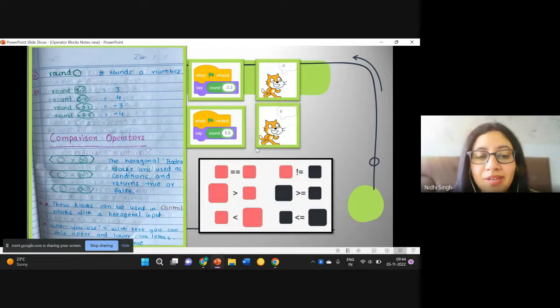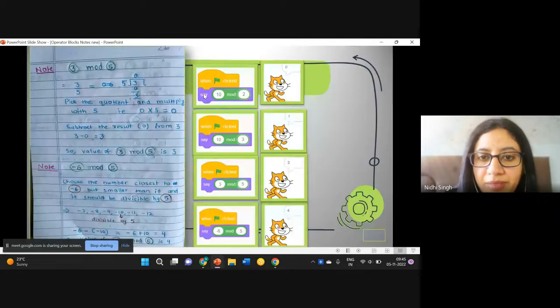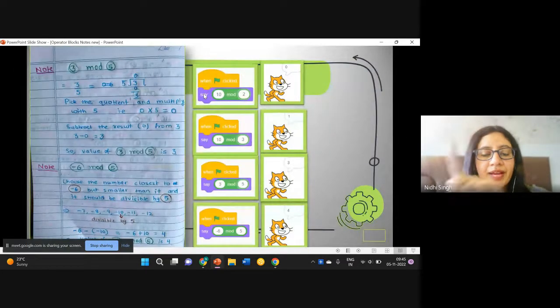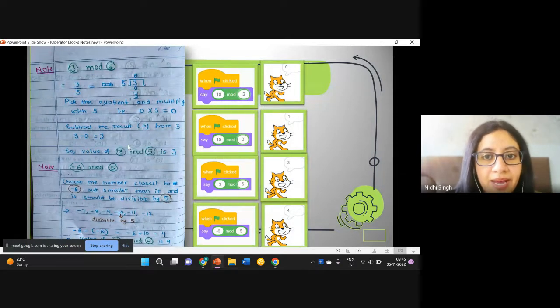Comparison, as its name suggests, is used when we are checking some condition, that if this is greater than this number or less than this number, so we are checking some condition. In the previous one, see the shape of these arithmetic blocks. They are not hexagonal, these blocks are in round shape.